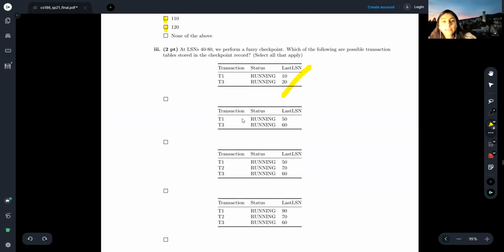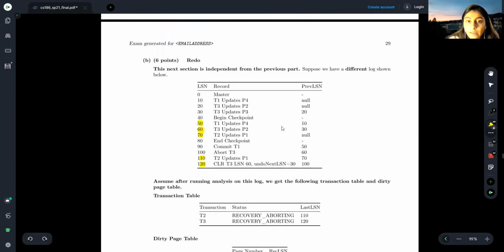Next, we'll look at this one, which has T1 running with the last LSN of 50 and T3 running at the last LSN of 60. What seems to be missing is T2. However, this is okay because T2 starts in the middle of this checkpoint. Notice that these LSNs prior are not having to do with transaction 2.